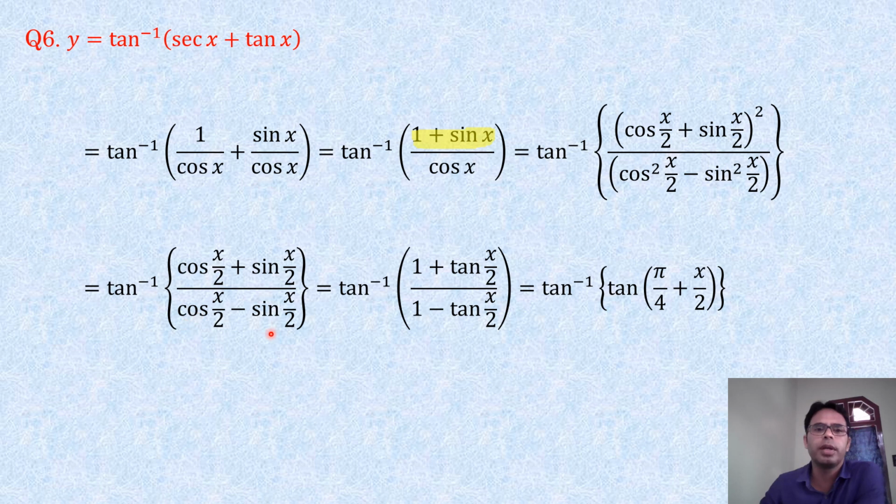Dividing by cos in the numerator and denominator, it is 1 plus tan x by 2 divided by 1 minus tan x by 2, equal to tan inverse of, you see, tan pi by 4 is 1, so tan pi by 4 plus tan x by 2, and here 1 minus 1 into tan x by 2, where 1 is again tan pi by 4.